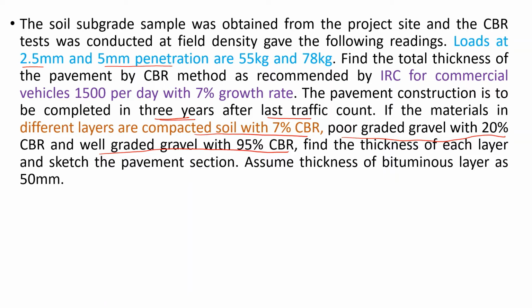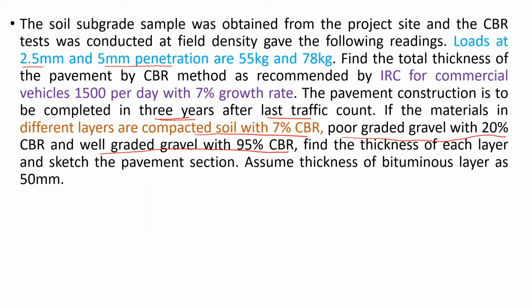Okay, so they are given the data obtained from the CBR test, that is, the loads corresponding to 2.5 mm and 5 mm penetration, and also the vehicles per day. The growth rate is given as 7%, and the total thickness consists of compacted soil with 7% CBR, poorly graded gravel with 20% CBR, and well graded gravel with 95% CBR.